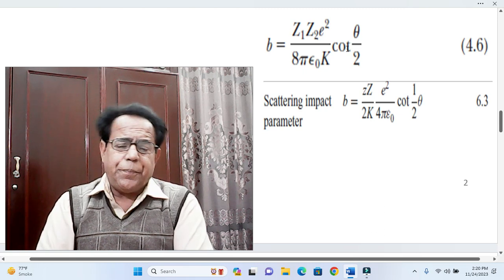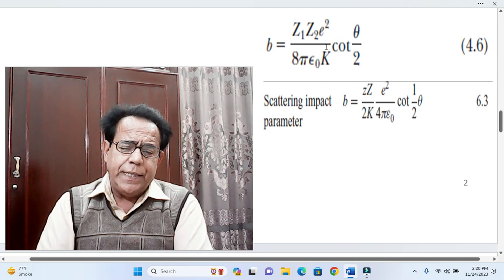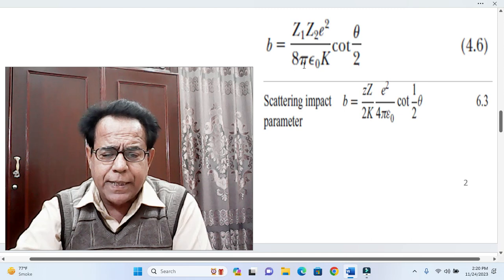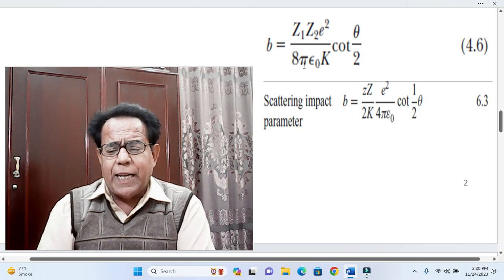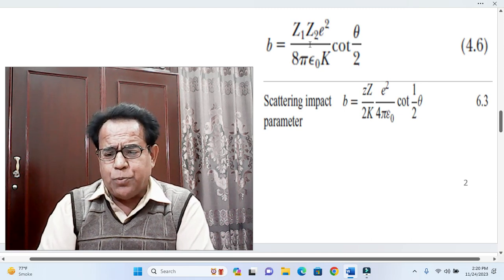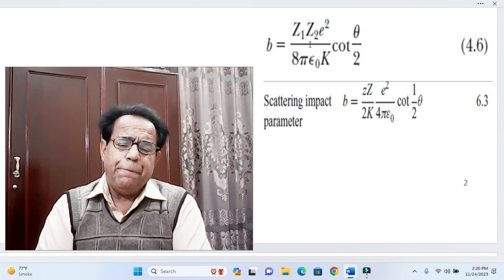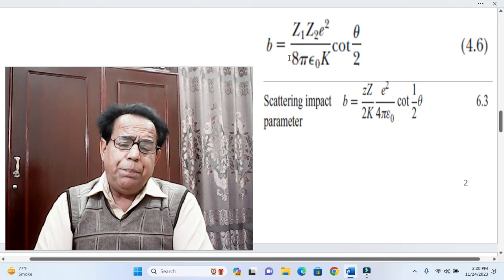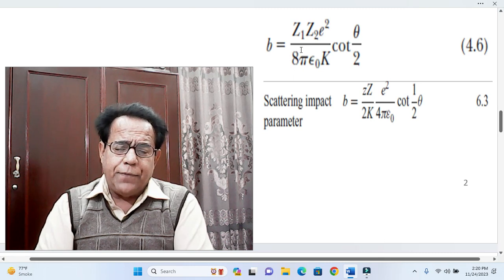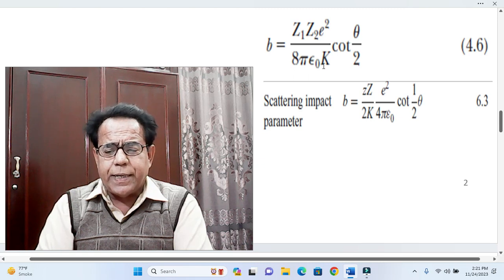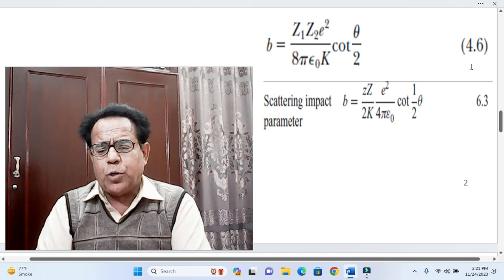I think this snapshot in which the expression for impact parameter b is given has been selected from the book Modern Physics by Kenneth S. Krane. Anyhow, impact parameter b is equal to Z1 Z2 e squared over 8 pi epsilon naught K into cot theta by 2. Equation number 4.6.